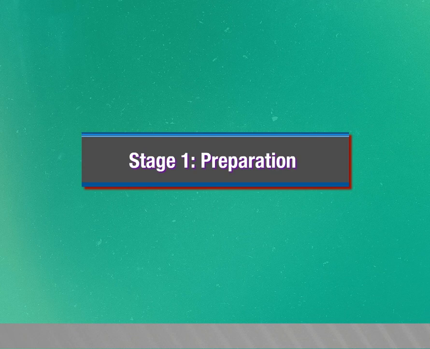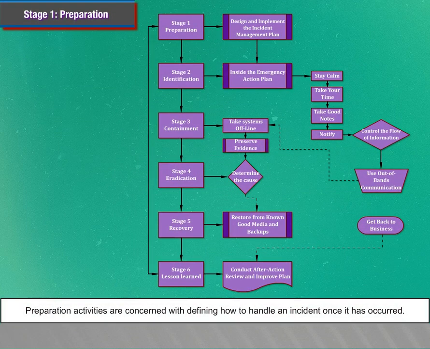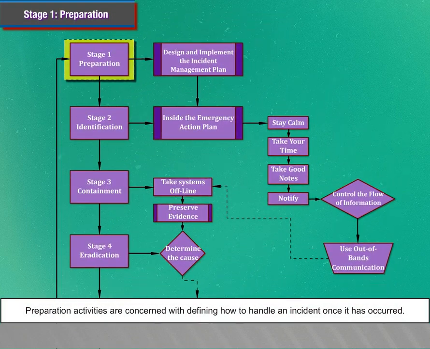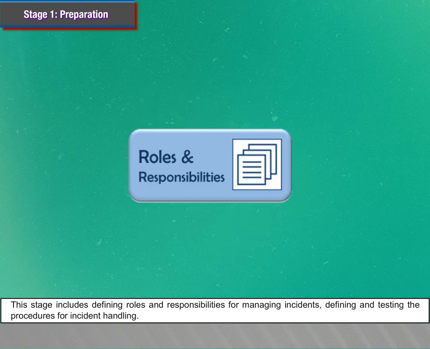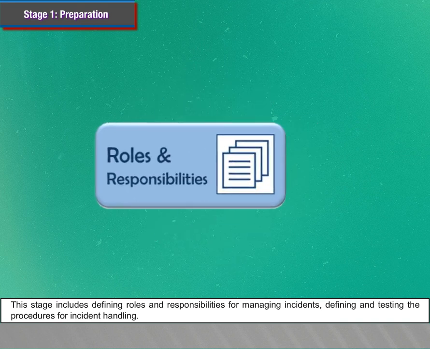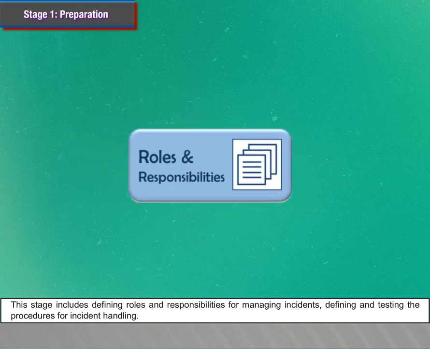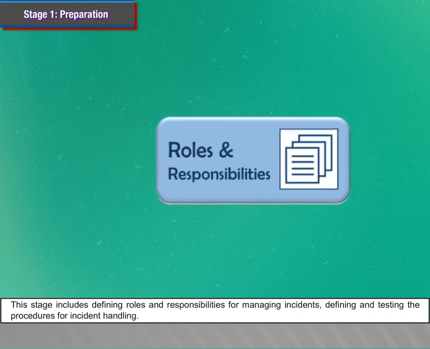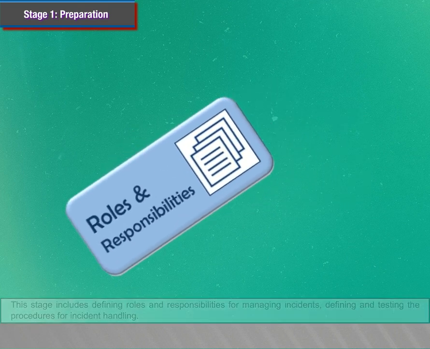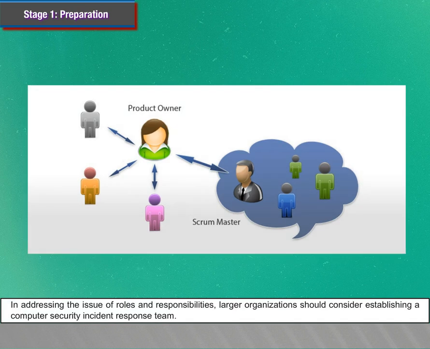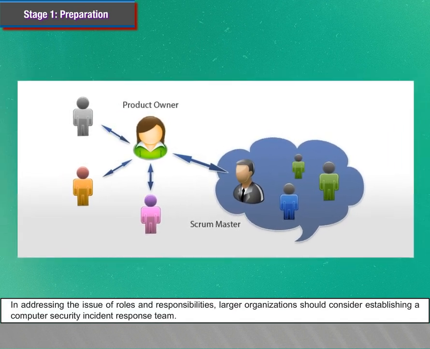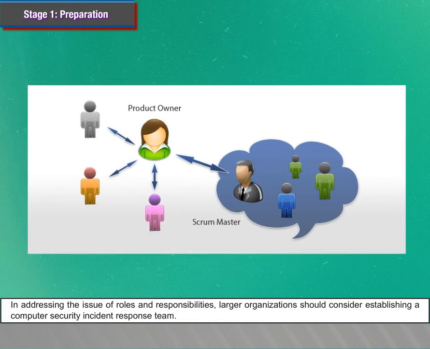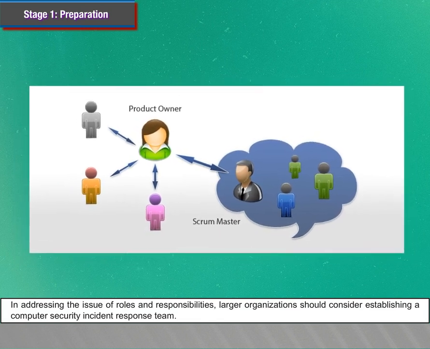Stage 1. Preparation. Preparation activities are concerned with defining how to handle an incident once it has occurred. This stage includes defining roles and responsibilities for managing incidents, and defining and testing the procedures for incident handling. In addressing the issue of roles and responsibilities, larger organizations should consider establishing a computer security incident response team.